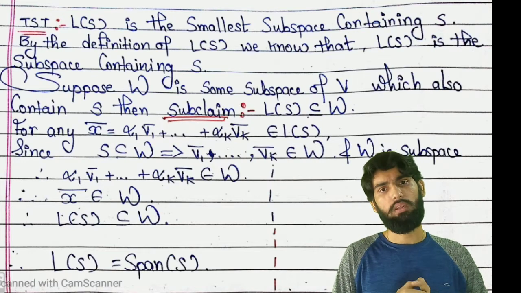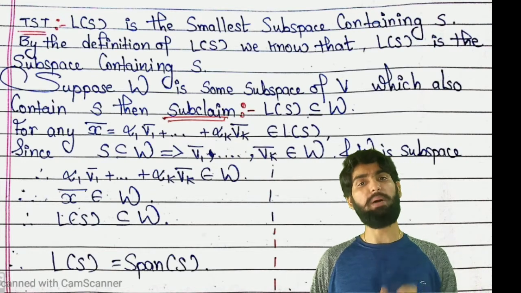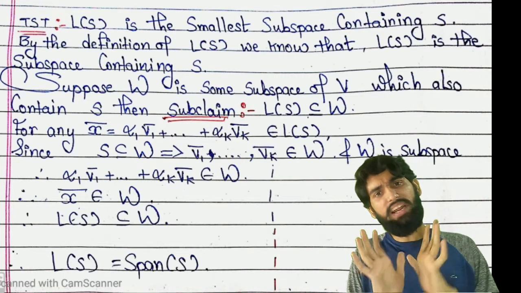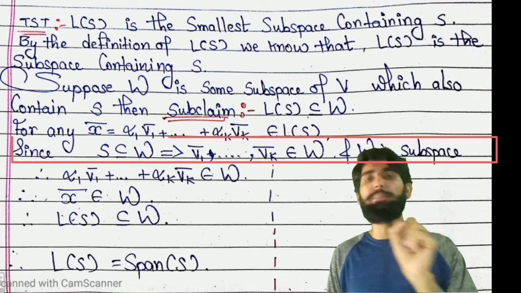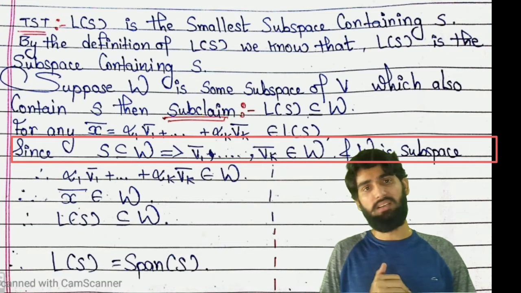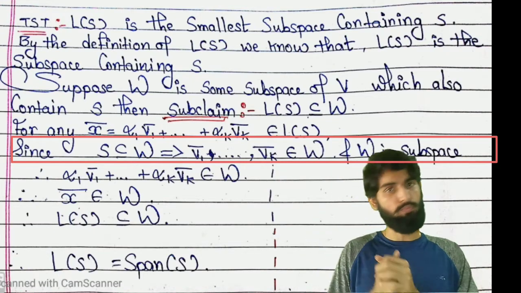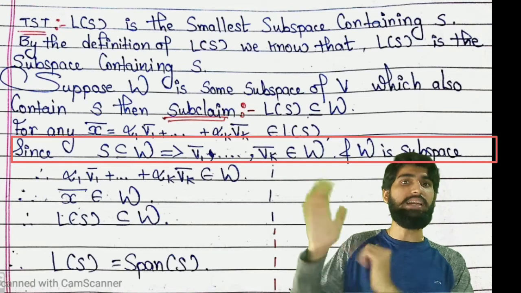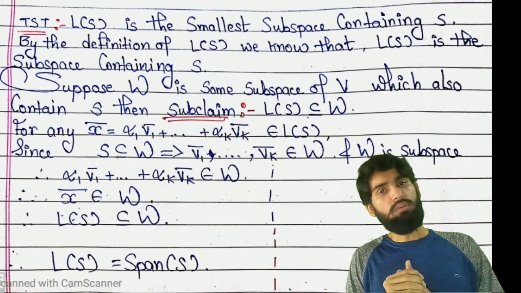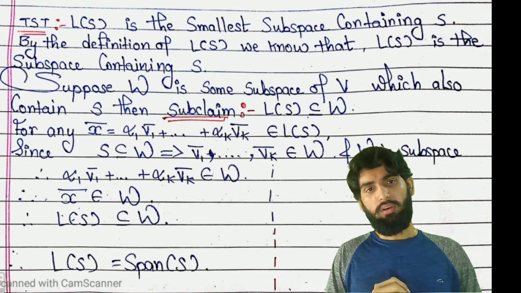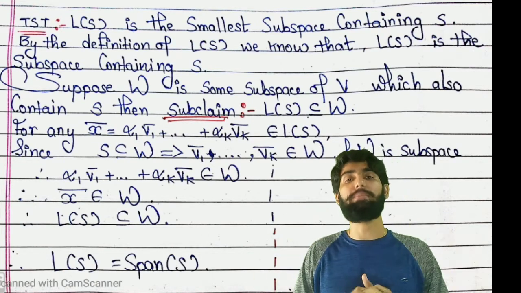What is W? We defined that W is a subspace containing S. If it contains S, that means it has all elements of S. That means v1 bar, v2 bar, till vk bar are all elements of W, since they are inside S and S is inside W. Now, if these elements are inside W and W is a subspace, then it must be closed under scalar multiplication.